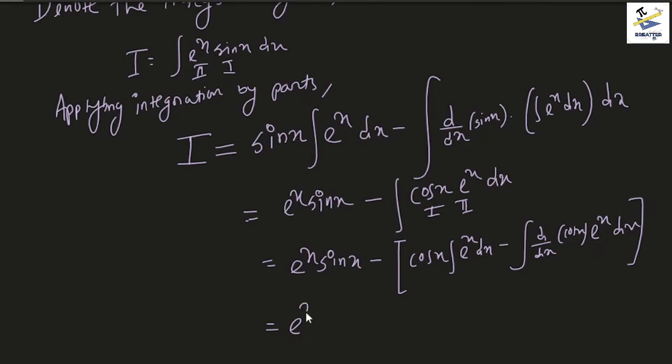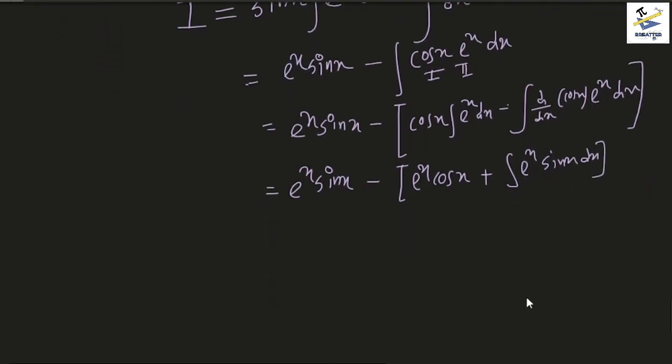So it becomes e to the power x sin x minus e to the power x cos x, and d/dx of cos x is minus sin x, and minus becomes plus. It becomes the integral of e to the power x sin x dx.